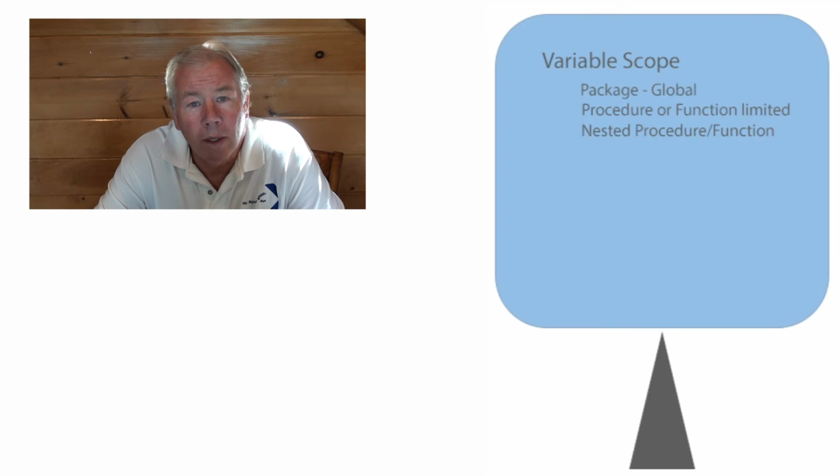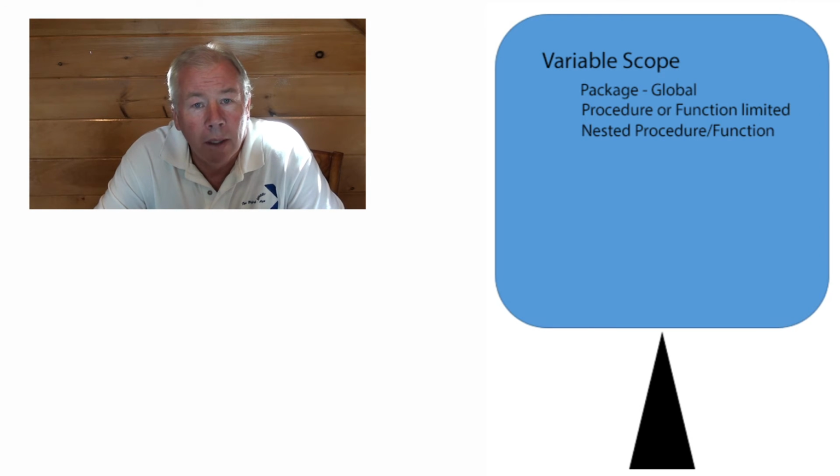All right, so what did we learn about scope? Scope is that section or block of code over which a variable is valid. We looked at a package that contained a couple of different procedures. We originally defined a variable at the package level, which had a scope of the entire package. That is, anything within that package could reference that variable.